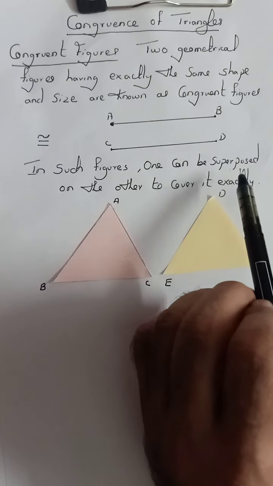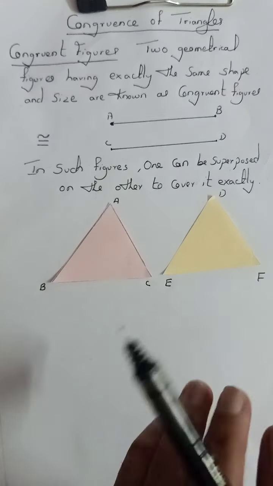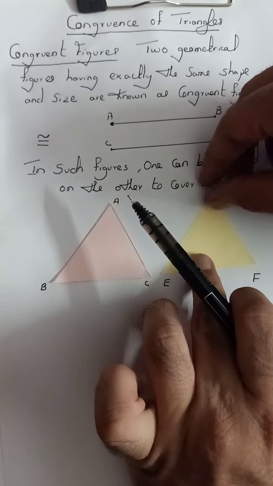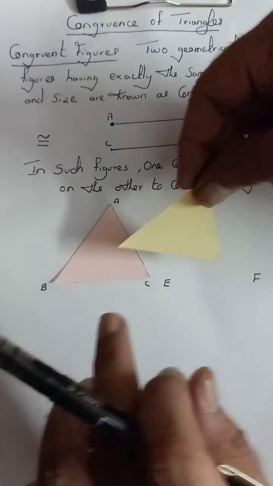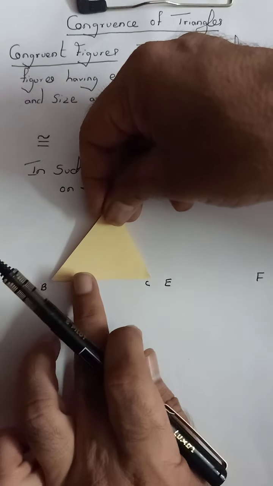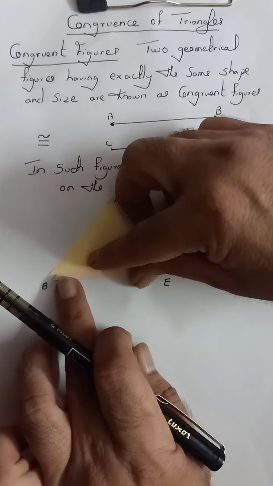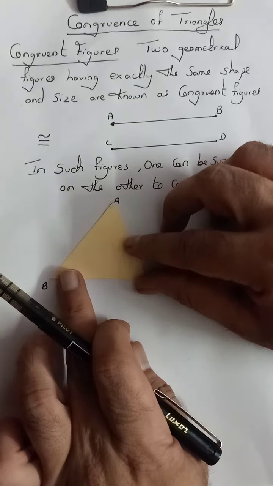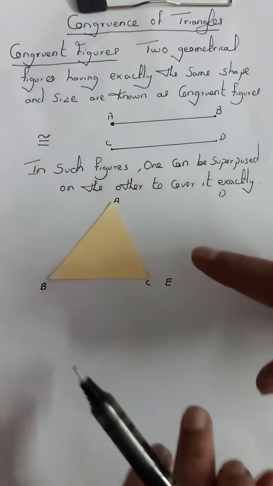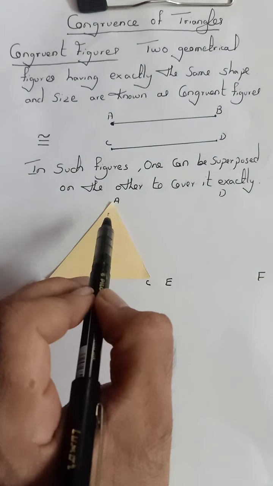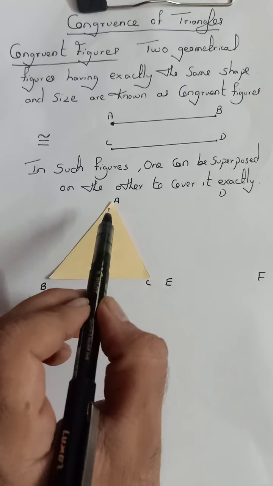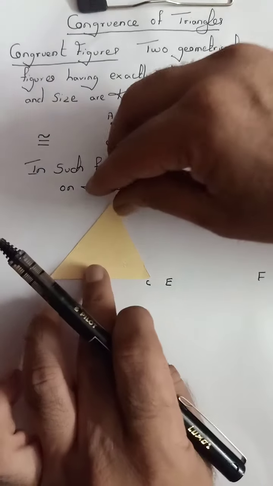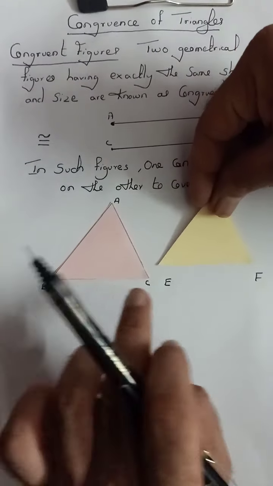Now what is the meaning of superpose? It means if I take one triangle and keep it exactly on the other triangle, it looks like only one triangle, as it is exactly covering the other triangle. So this is the meaning of superpose. And this is only possible if they have the same shape and the same size.